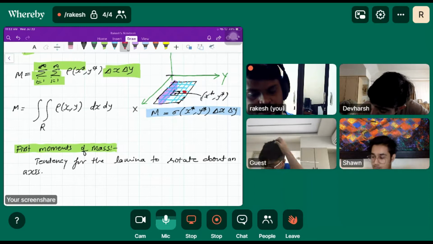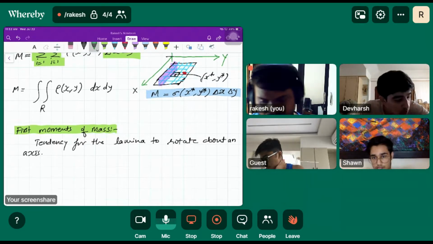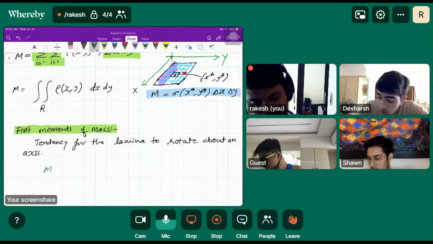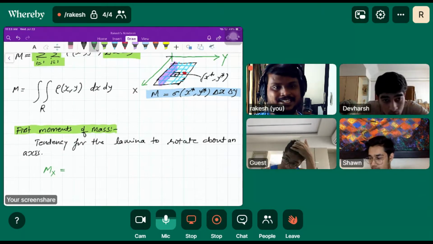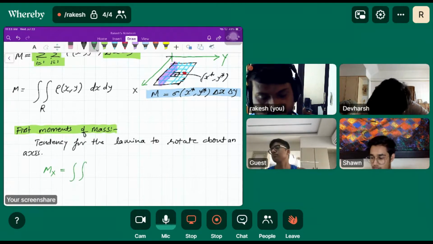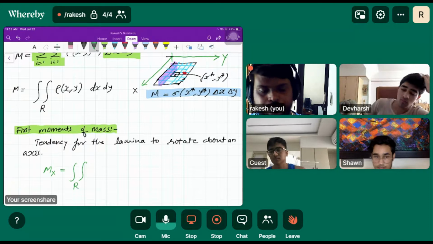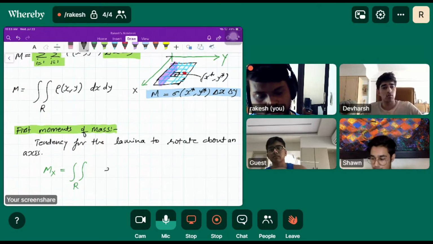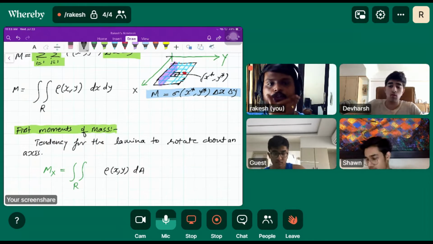So I just write down the formula here. Tendency for the lamina to rotate about an axis. We have two axes. If we have to find the moment of mass about the x-axis, that's Mx, double integral of rho(x, y) dA. But what do we do for moments of mass?